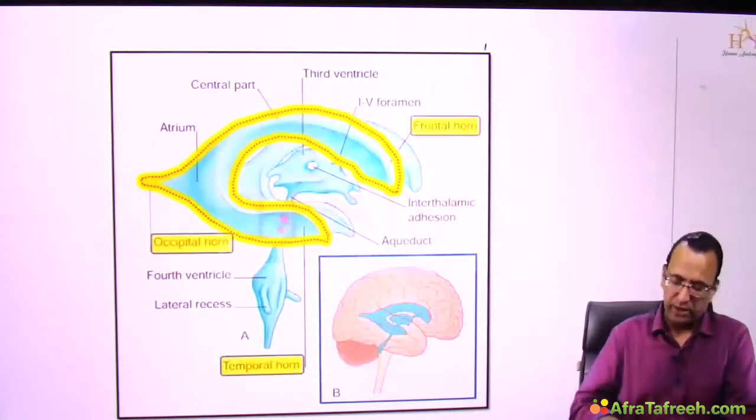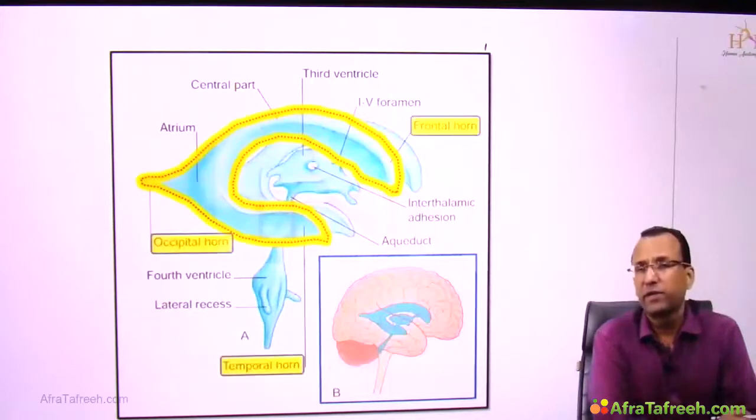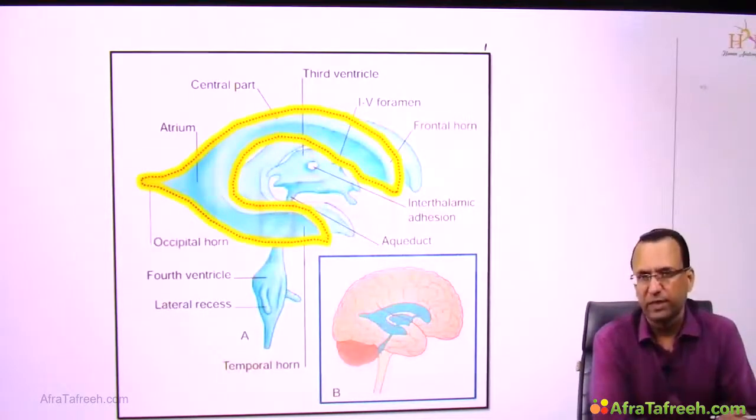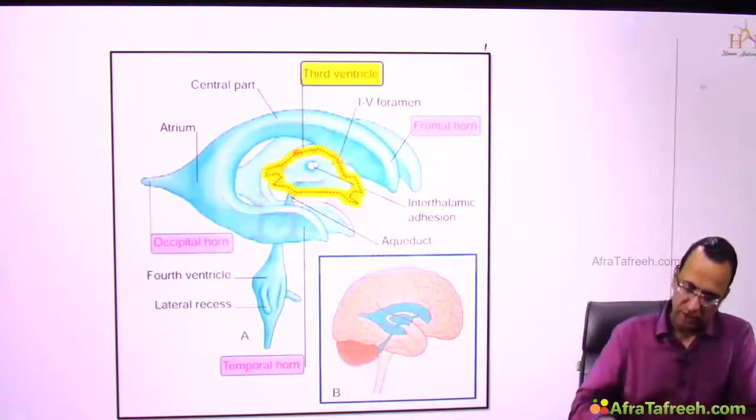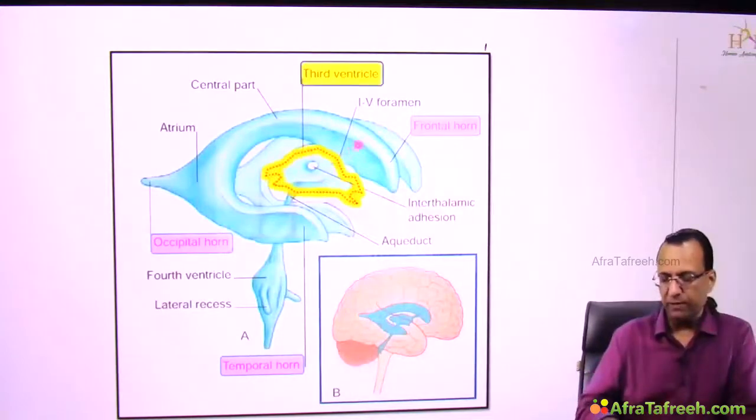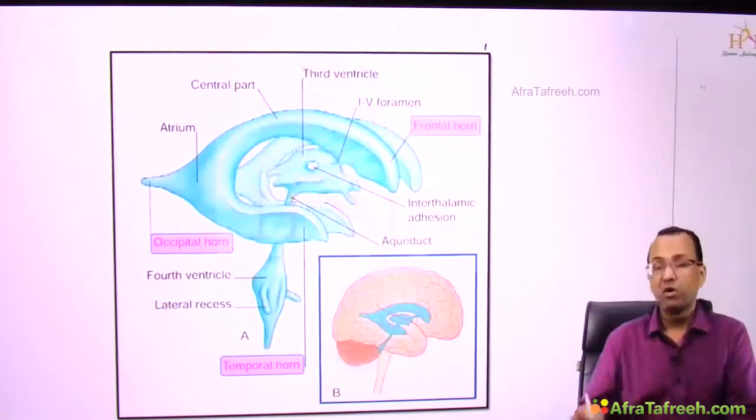Actually, the lateral ventricles are the largest of the ventricles in the largest part of the brain, which is the cerebrum, forming the largest amount of CSF and pouring it into the third ventricle, the midline ventricle, through this opening, which is called the interventricular foramen of Monro.